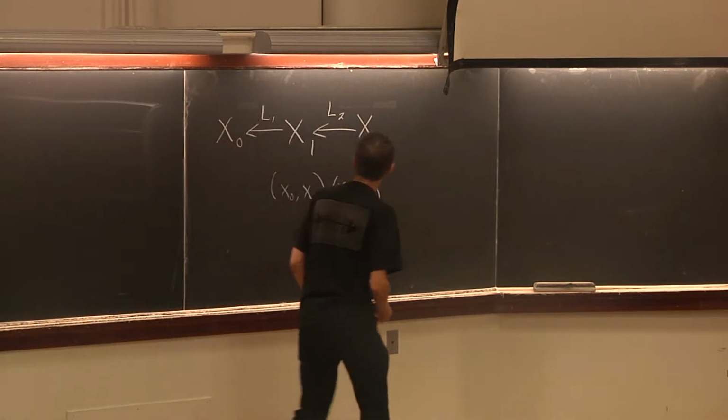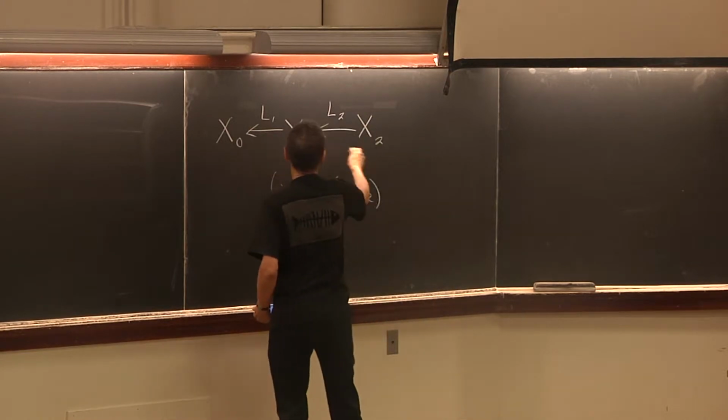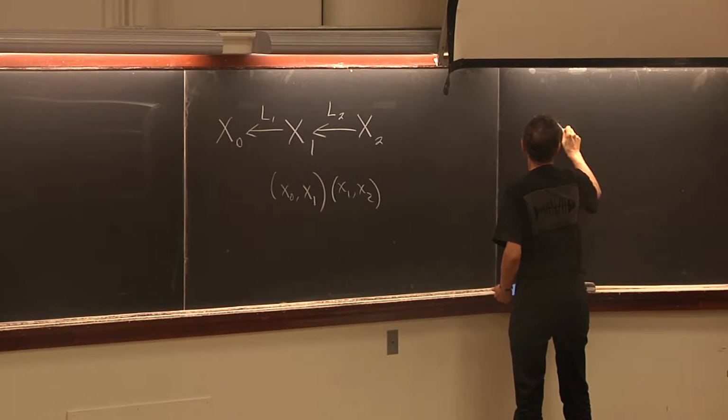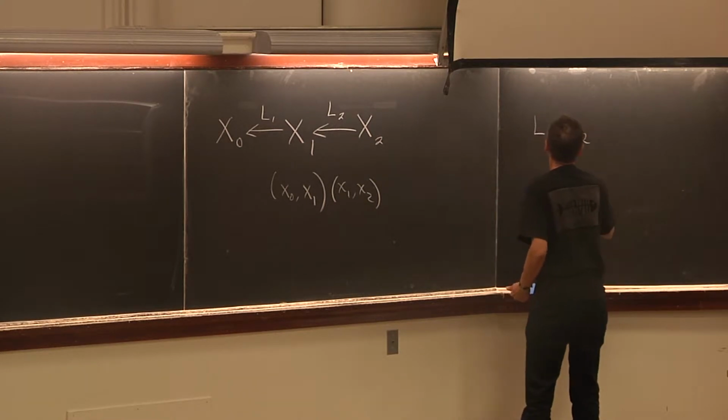So when you want to see what kind of object the composition is, it is useful to think of this as taking L1 cross L2.